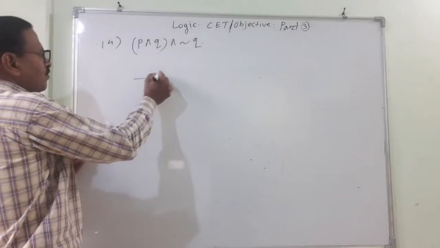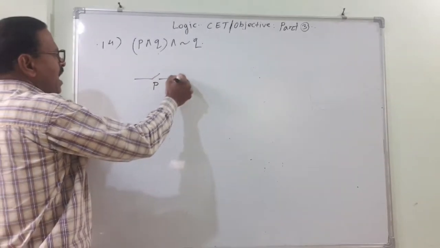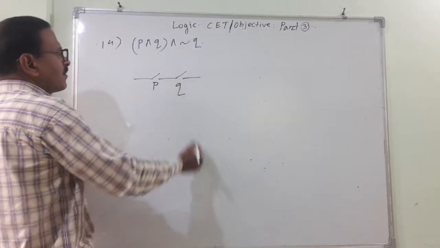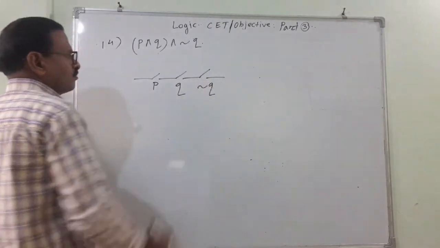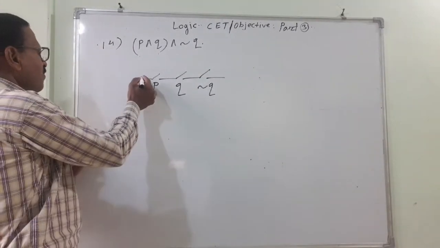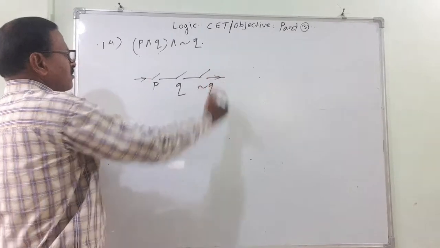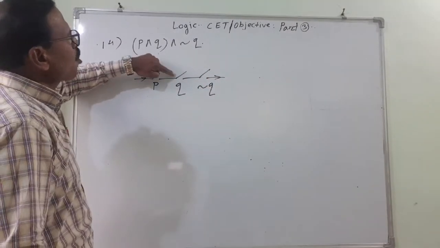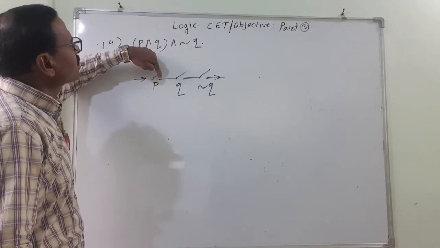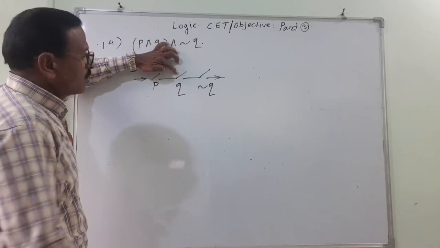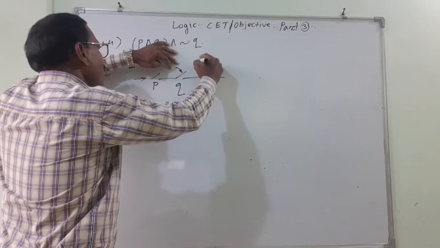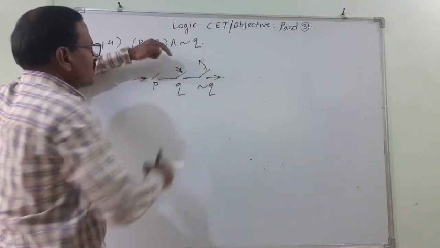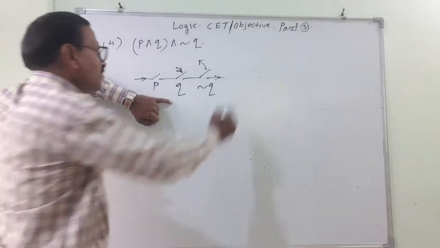P and negation Q. What will happen, that I have to check. This is on, this is on. Current will come up to this, this is on. So this is off. If this is on, this will be off, because it is the same switch. That means false.